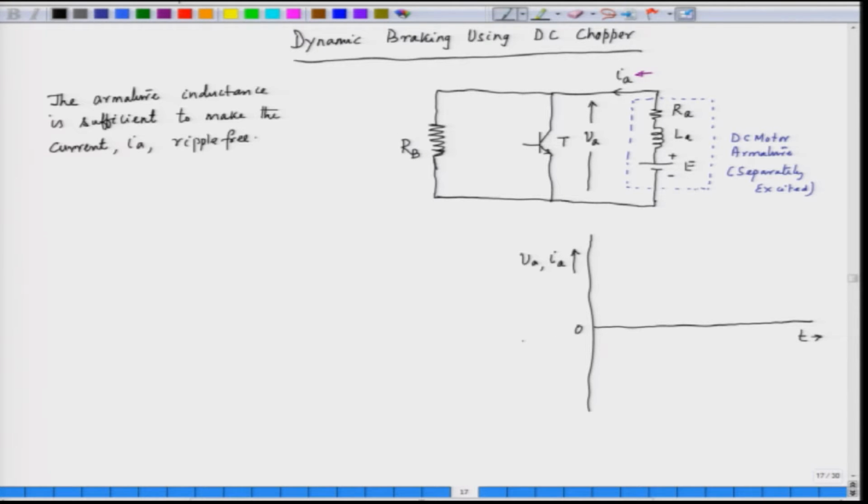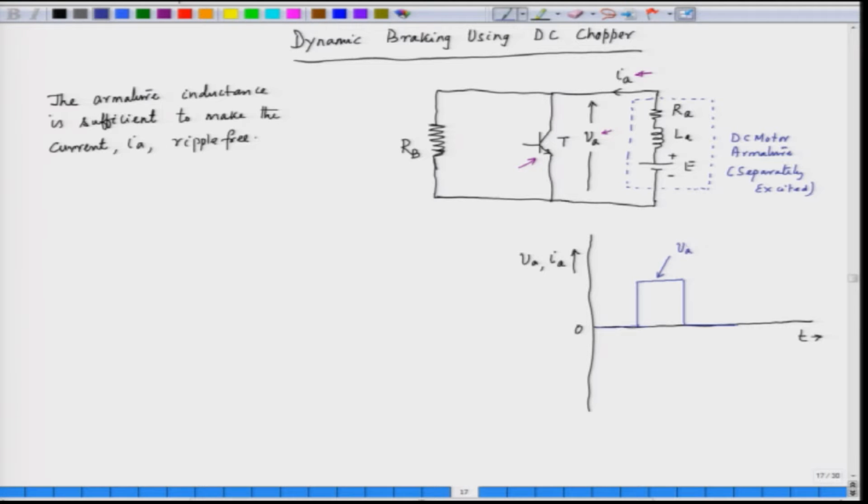When the switch is closed, the voltage VA is 0, so we show that by the 0 line. When the switch is open, the transistor T is turned off, and the voltage rises to some finite value. This is the voltage across the armature, VA.